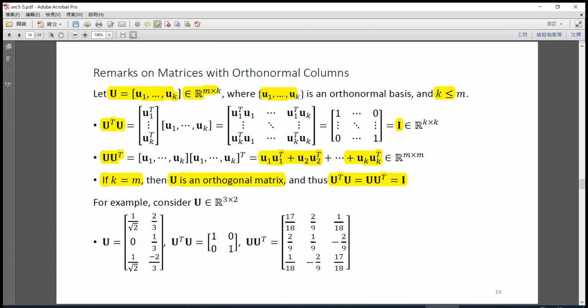Below is an example of U of dimension 3 times 2. We know that U transpose U equals the identity matrix of dimension 2 times 2. However, U U transpose is of dimension 3 times 3, which is not equal to the identity matrix.